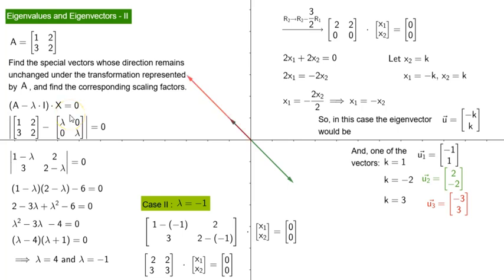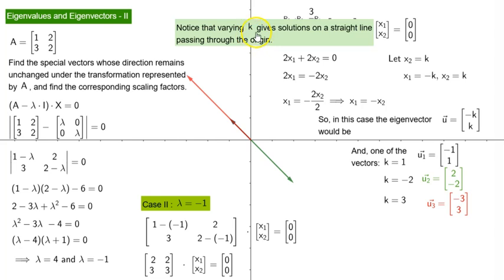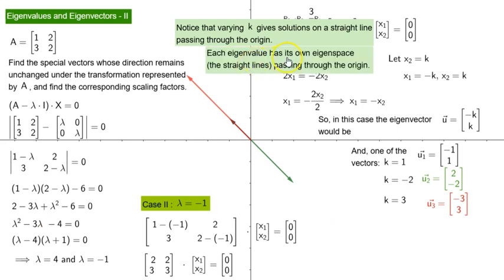So we have found the eigenvalues and we have found the eigenvectors. Notice that varying k gives solutions on a straight line passing through the origin. Each eigenvalue has its own eigenspace, the straight lines passing through the origin. So let me bring in the vectors related to the other eigenvalue. So we have one line here, one line here.